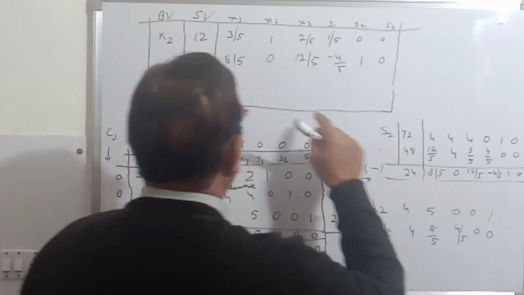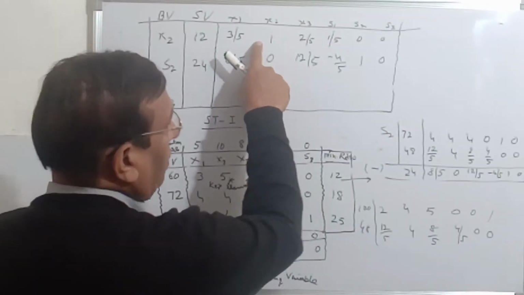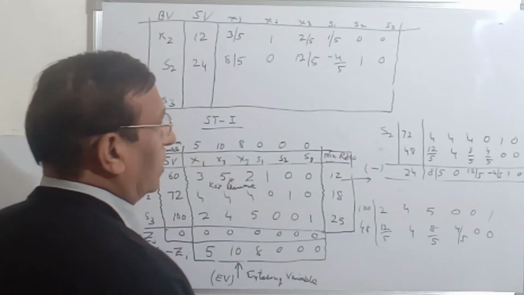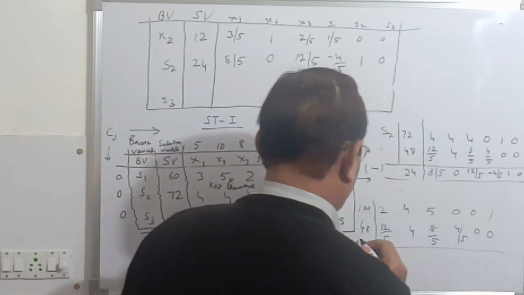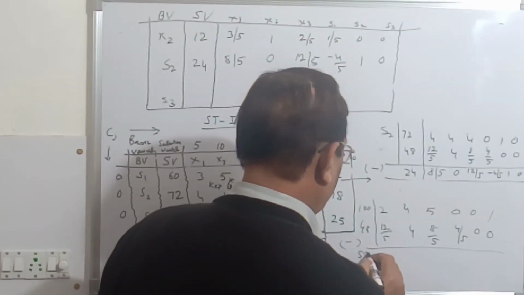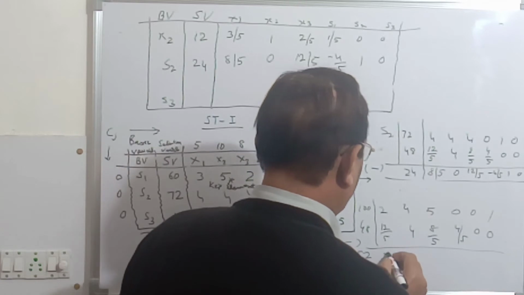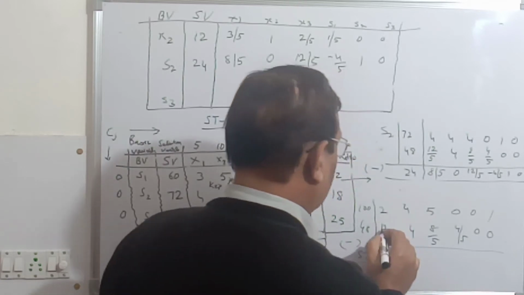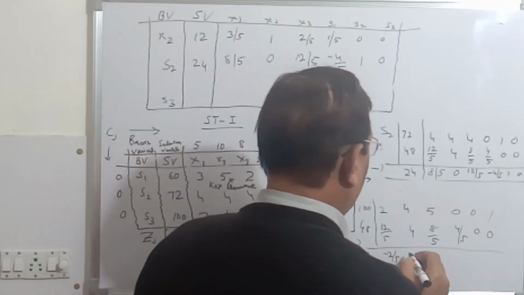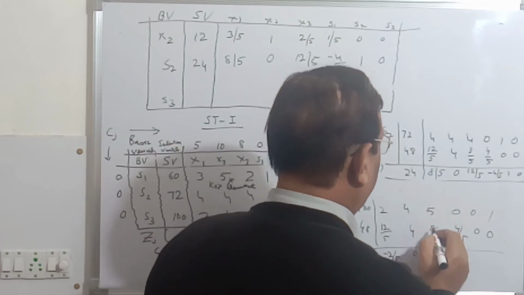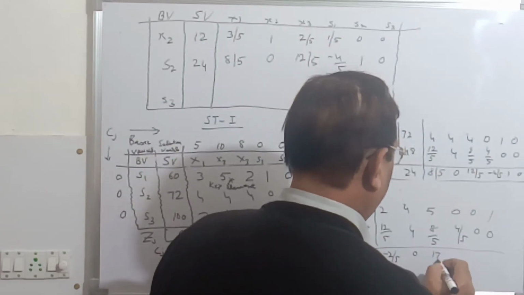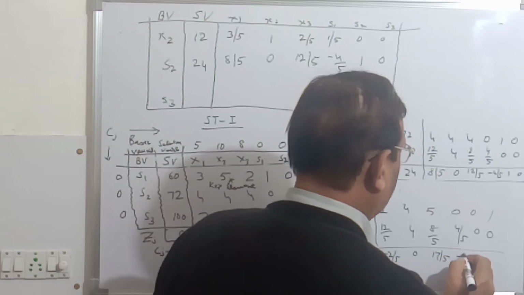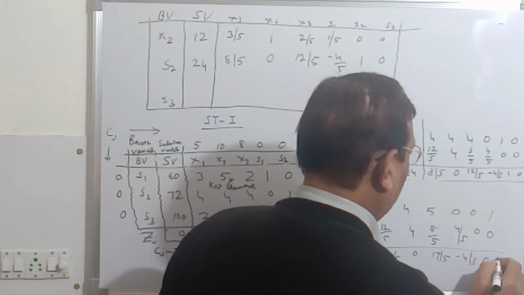That is multiplying this by 4. So subtract it. This is 52 minus 2 by 5, 2 minus 12 by 5, minus 2 by 5, 0. 5 minus 8 by 5, 17 by 5, minus 4 by 5, 0, 1.